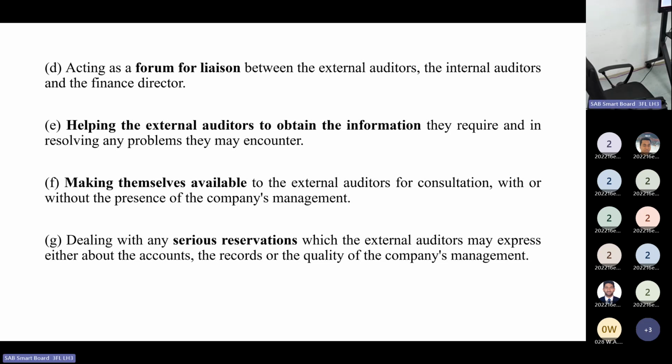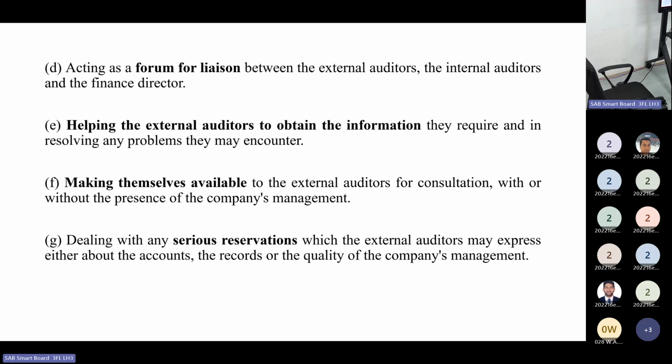Then, helping the external auditor to obtain information. Whatever information they require, the audit committee needs to ensure that it is given to them. And if there are any issues in getting information for the external auditors, they need to interfere and get the information for them. Then, making themselves available to external auditors for consultation with or without the presence of the company's management.